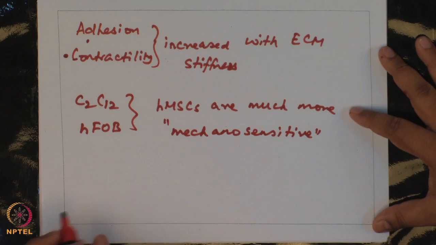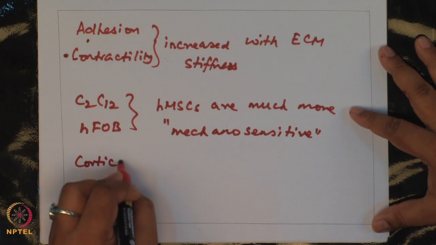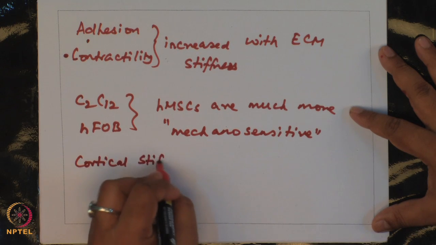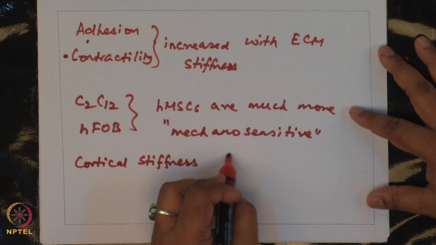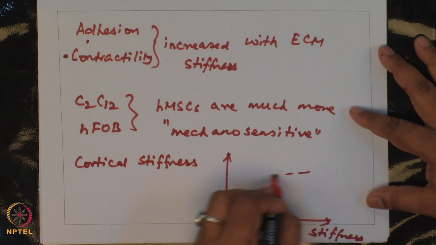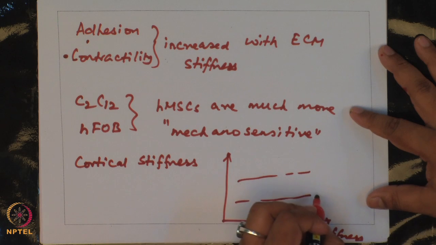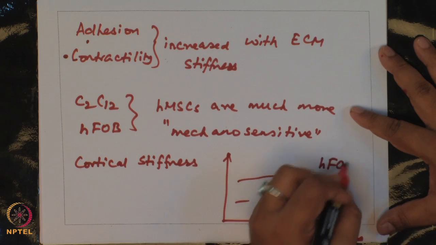They reached these observations by probing the cortical stiffness of these cell lines. If this is my stiffness axis, these are C2C12 cells, and this is the response of HFOB.